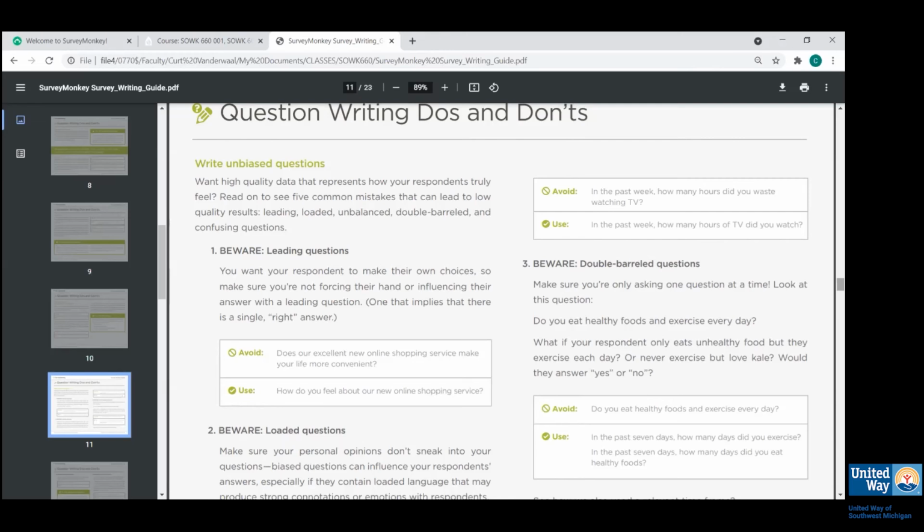But be aware that if you are doing something that has a controversial element to it within the community or this society that we live in, you have to be extra careful. And what I often try to do when I'm writing survey questions is send them out to people on what I would call both sides of the issue to see what sorts of problems they have. Sometimes one group will think, this is great, no problems at all.